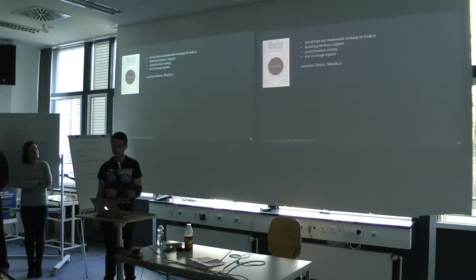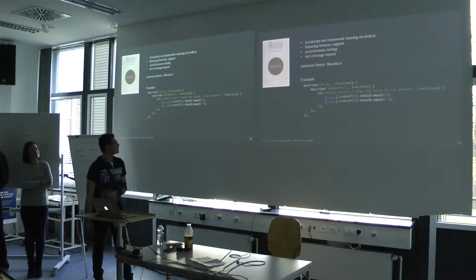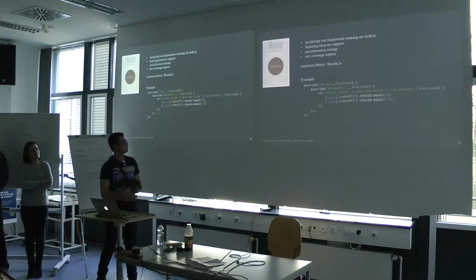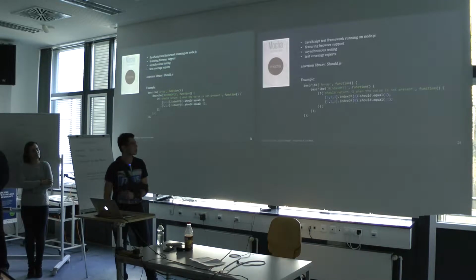The assertion library in the official documentation is should.js. There are also others like expect.js, but that's the officially used library. A quick example would be this function. So you have these describe blocks, which are the test suites.